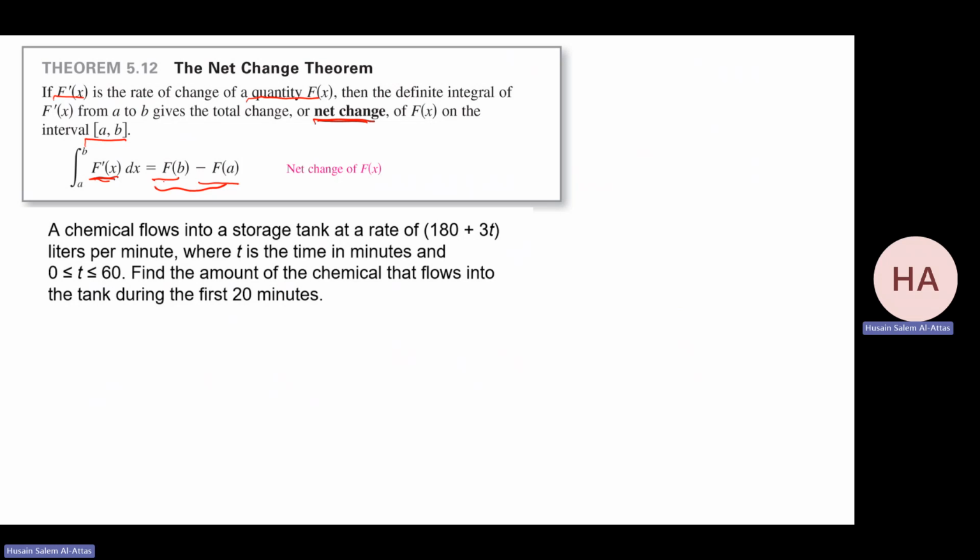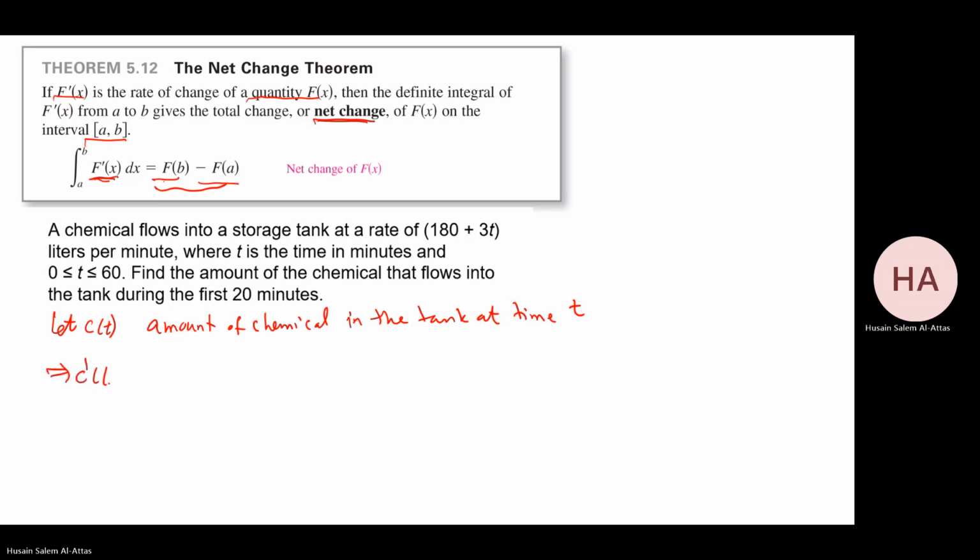Okay, let us apply it to this example. A chemical flows into a storage tank at this rate. So let C of T be the amount of chemical in the tank at time T. C prime of T is the rate of change, which is this one.